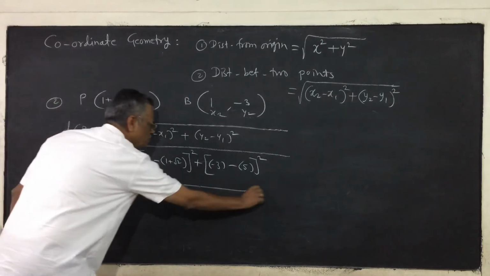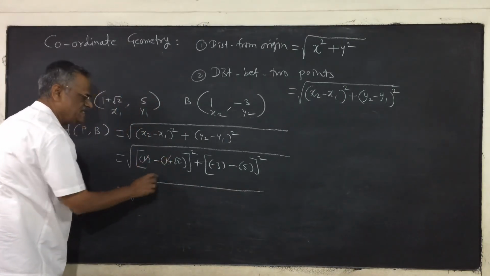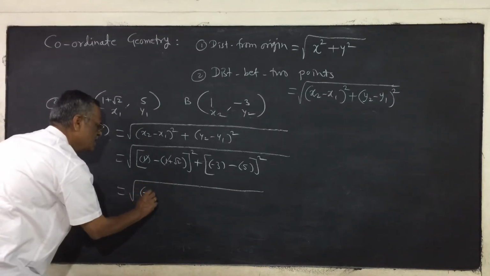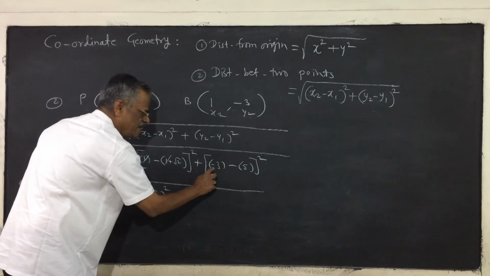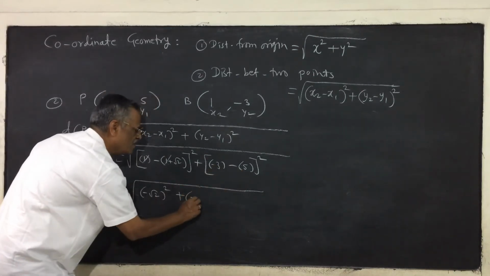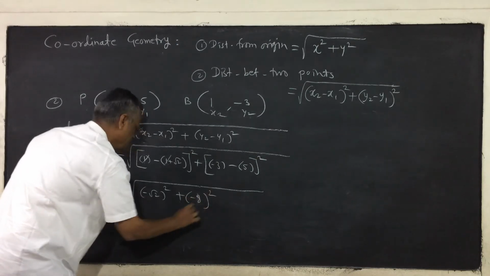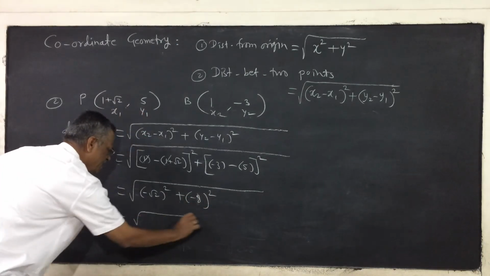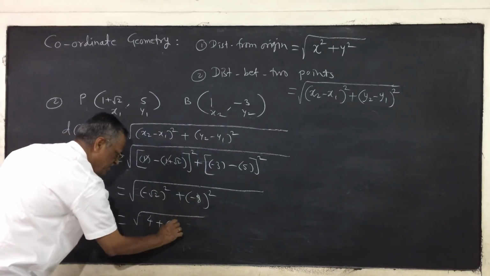Now try to simplify. You can see that 1 minus 1 cancellation and minus root 2 bracket square plus what is that? Minus and minus together minus 8 bracket square. See the square there. It is 2 plus 64.